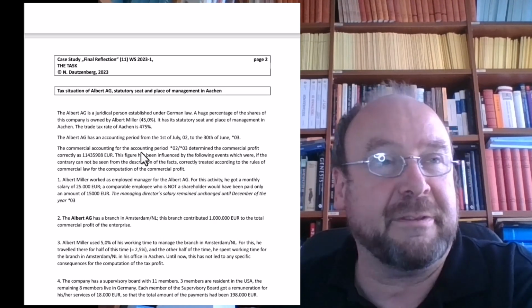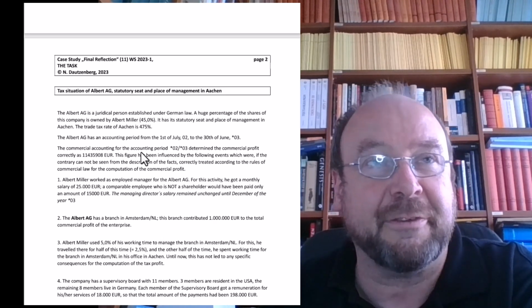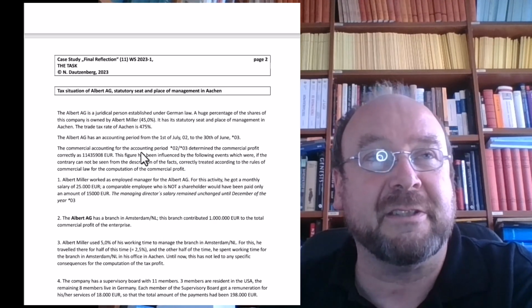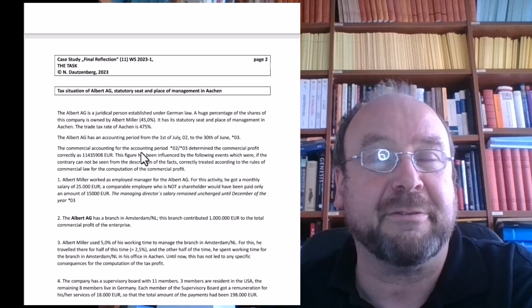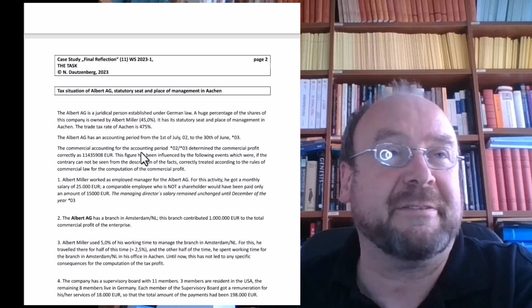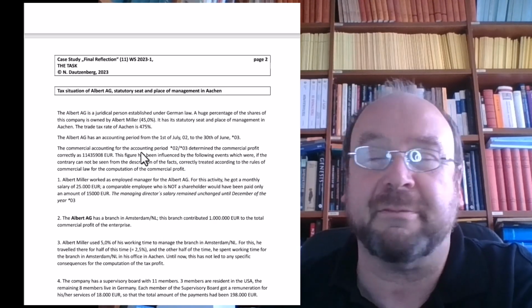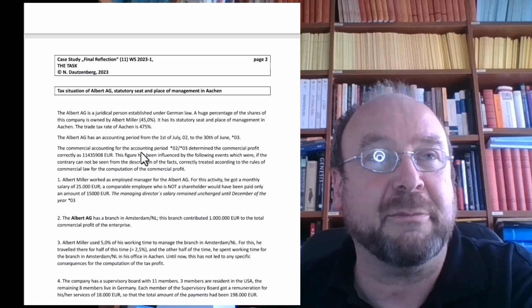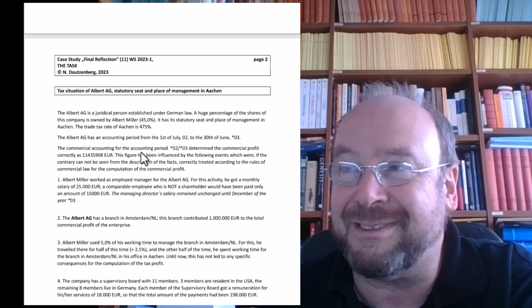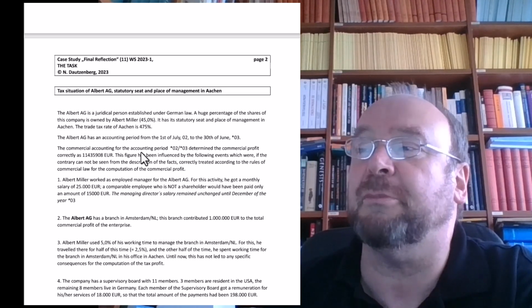These 475% are levied on an artificial tax base, which is considerably low. It's approximately 3 or 3.5% of the profit. So 475% is approximately some 15%. So don't be too shocked. You can still go on speaking with Germans in the future.